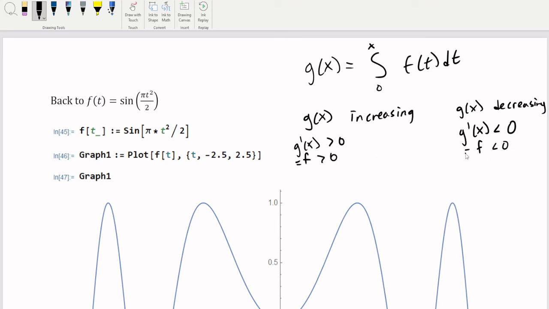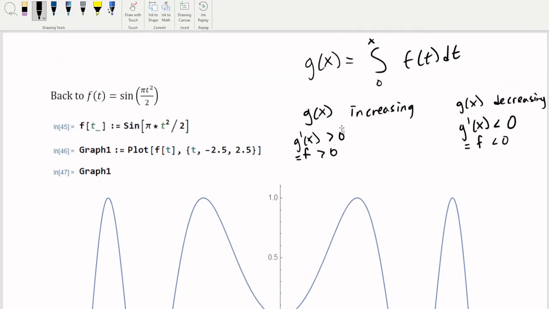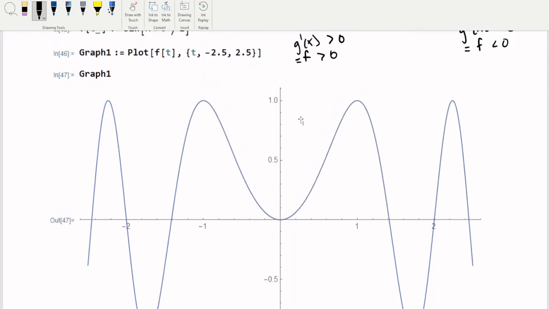So what we really need to be doing is looking at this picture. If we want to know what g's doing, increasing or decreasing, we just need to look where f is positive and where it is negative. So let's just look at the picture, and I'll do a little shading. Let's pick pink here.